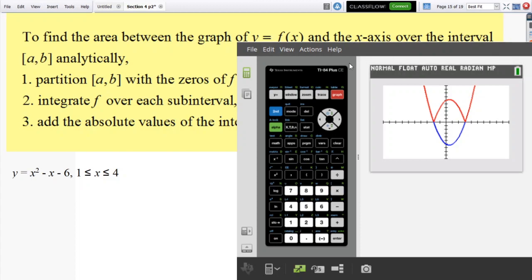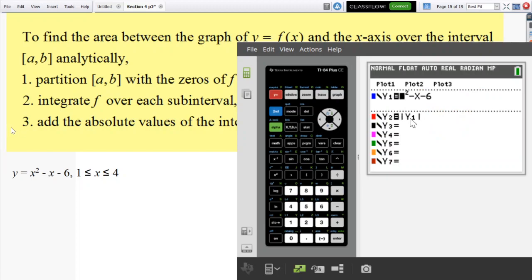The function is identical except for the fact that right here, instead of the blue part being below the x-axis, I have the red part being above the x-axis. The reason is that we took the absolute value of each function value, took all your negativity and made it positive.